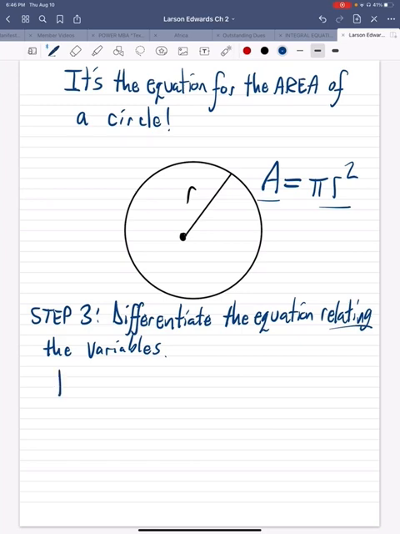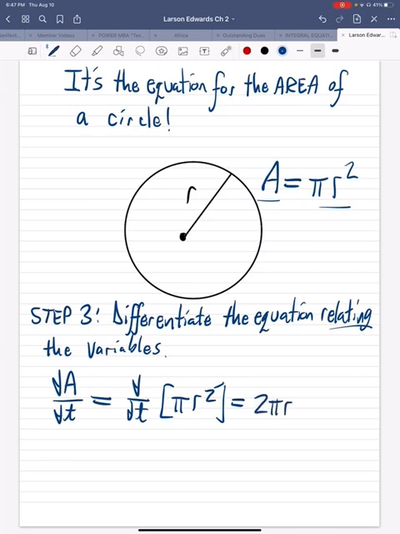So dA dt, taking derivatives on both sides, is equal to d dt of pi r squared, which is equal to 2 pi r. Well, I'm sorry, the derivative of r squared is 2r, but it's 2r dr dt.